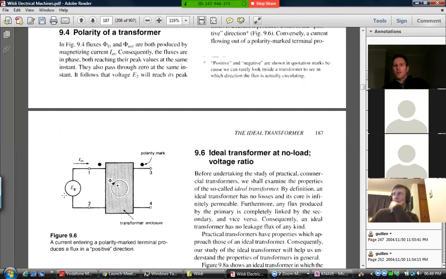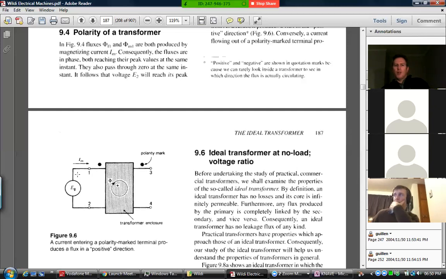Of course, this thing's polarity is always swinging. It's AC, so at one instant in time, this point is positive compared to this one. 10 milliseconds later, half a sine wave, this one will be more negative compared to this one. So we do have fluctuation happening all the time over here.